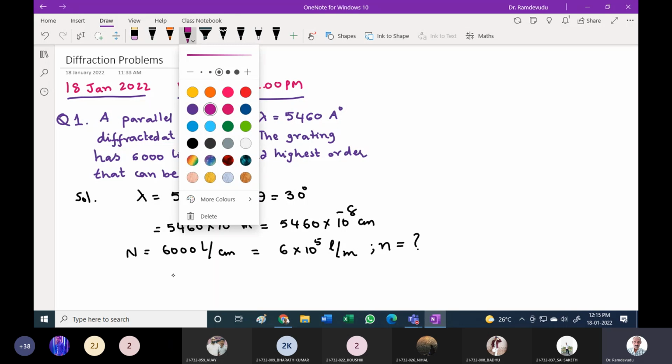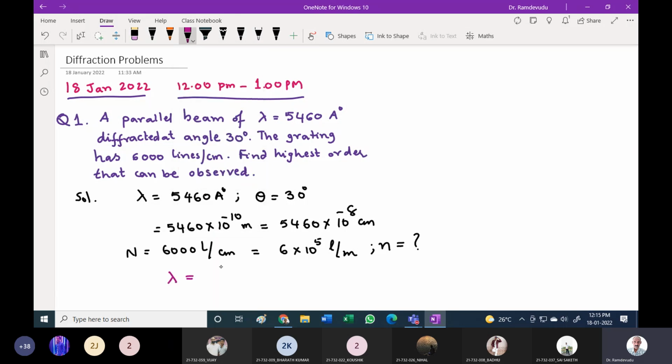The grating equation is, as we have seen, lambda is equal to sine theta by small n into capital N. So we are asked to find n. n is equal to sine theta, given as 30 degrees, by capital N, which is 6 into 10 to the power 5, into lambda. Lambda they have given as 5460 into 10 to the power minus 10. Everything I have taken in SI units.